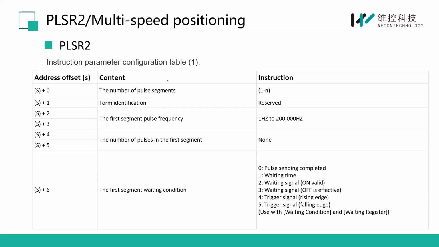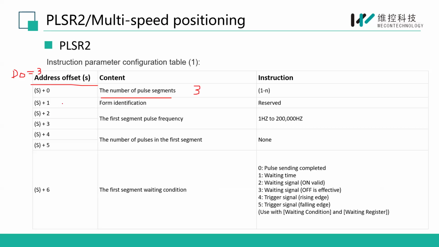Okay, let's see the table. First one, for example, if I set the start address as D0. So D0 means the number of pulse segments. For example, if I want to set three speed segments, we need to provide D0 as 3.